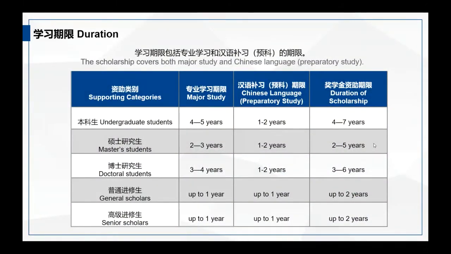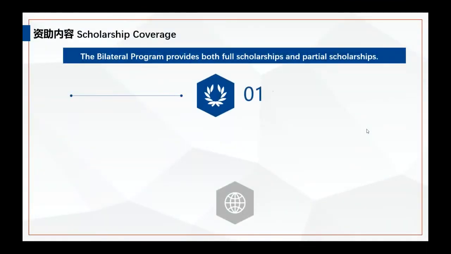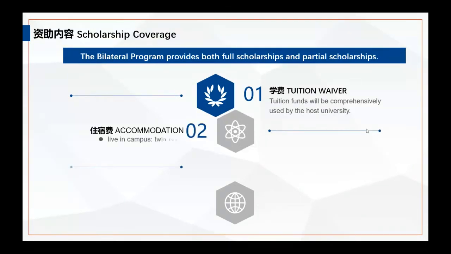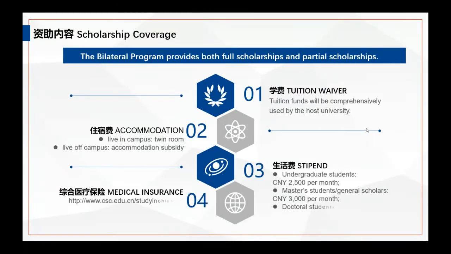Here is the duration of study period scholarship of each category. If you apply for the Chinese taught program, you may be arranged the Chinese language or preparatory study in the case of undergraduates. So what about the scholarship coverage? The bilateral program provides both full scholarships and partial scholarships. Usually it covers tuition, accommodation, stipend, and insurance.